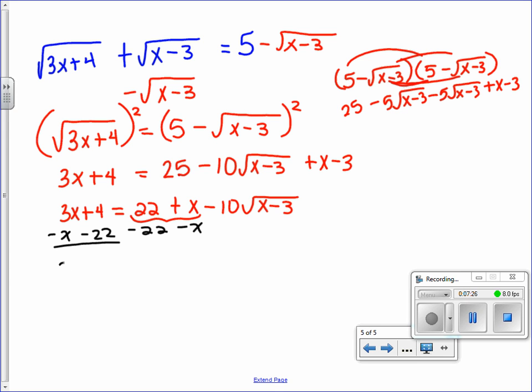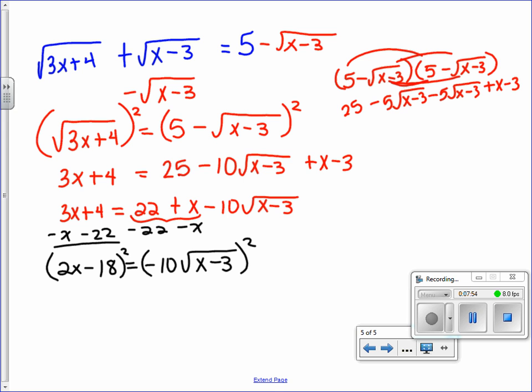And I'll have 2x minus 18 equal to negative 10 square root of x minus 3. Now we can square again, and I know that the radical is not isolated. It's got that 10 being multiplied, but that's okay, because you can square that 10 too. That's not going to hurt anything. If it had a plus or a minus something, then we'd be in trouble.